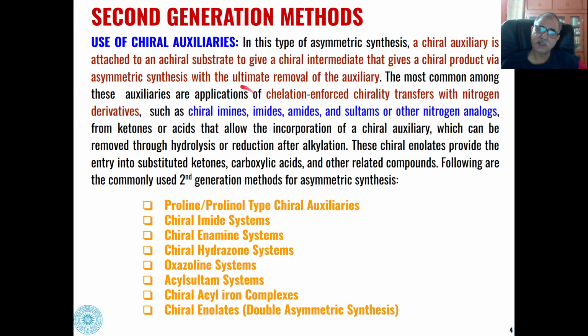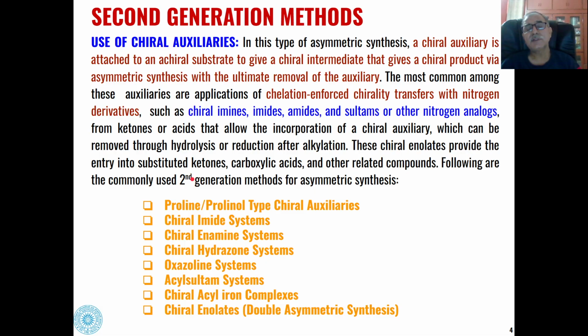These nitrogen derivatives may be chiral amines, amides, sultams, and other nitrogen based chiral auxiliaries. These are formed from the reaction of ketones or carboxylic acids with these nitrogen based compounds to give us a chiral auxiliary, and that will undergo a reaction to produce asymmetric compounds.